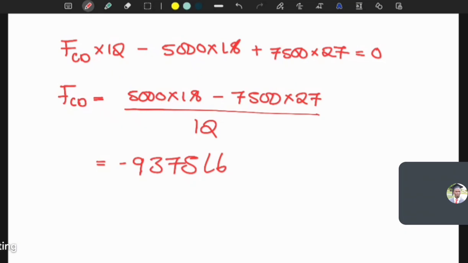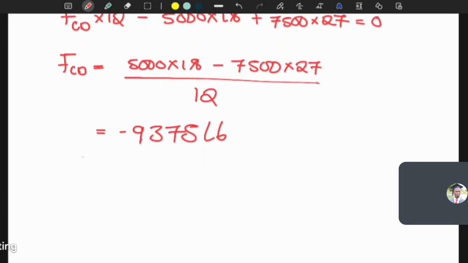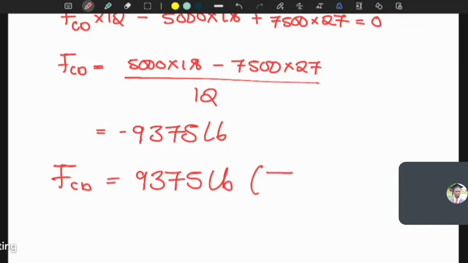Okay. So the negative here just implies that our assumption that it was compression is not correct for this one. For the other one we saw it was correct, it was compression. But here it implies that this is not compression. Instead, when presenting it, we'll present it as a positive value, but we'll now say it is in tension. Now, we're not changing our diagram.